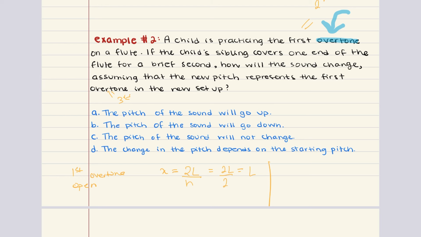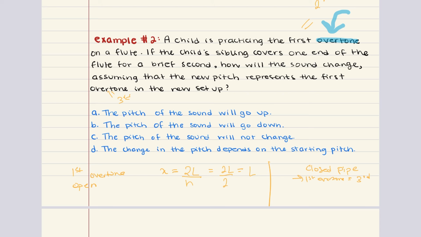Instead, only odd harmonics are allowed in a closed pipe. So keeping that in mind, the first overtone for a closed pipe is actually the third harmonic. So here in our closed pipe, we're dealing with our first overtone, which is equivalent to the third harmonic.